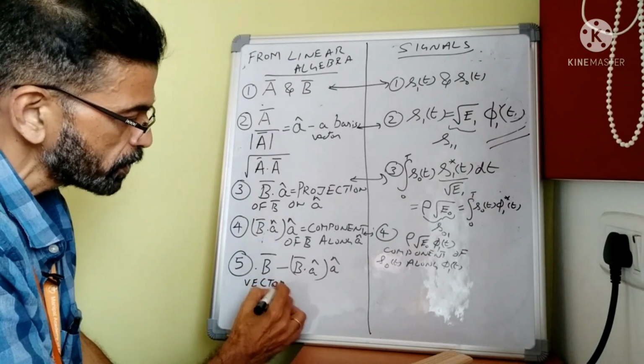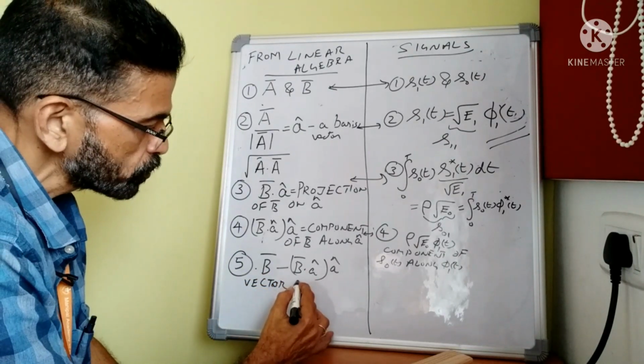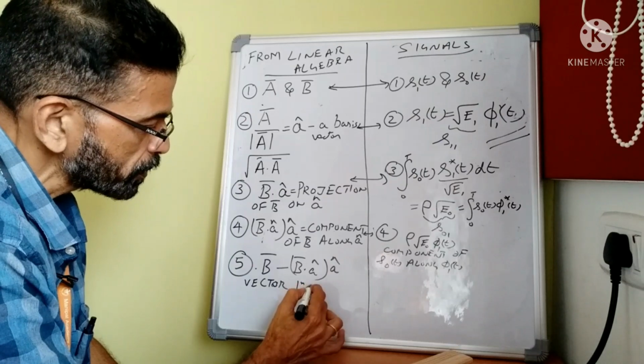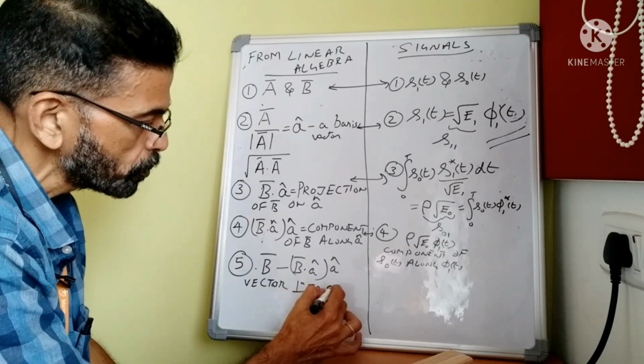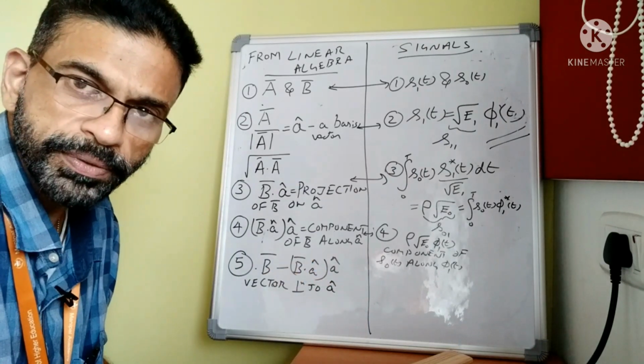The result of this will be a vector which will be perpendicular to A cap.